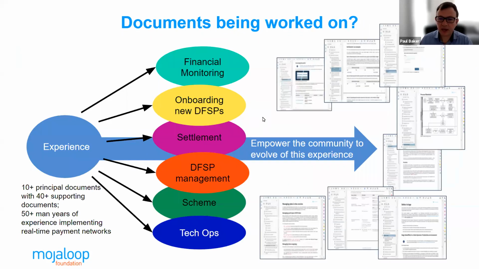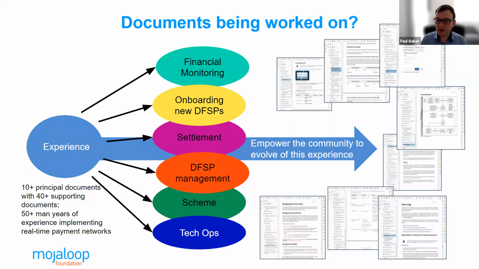So let's have a look at more the depth of what's being offered here. Financial monitoring, onboarding, settlement, DFSP management, scheme, tech ops. It's really encompassing all aspects of hub operations. And what I'm trying to illustrate in this diagram is it's really an accumulation of a lot of years of experience, 50 plus man years of experience implementing real-time payment networks that we've encapsulated in these processes.